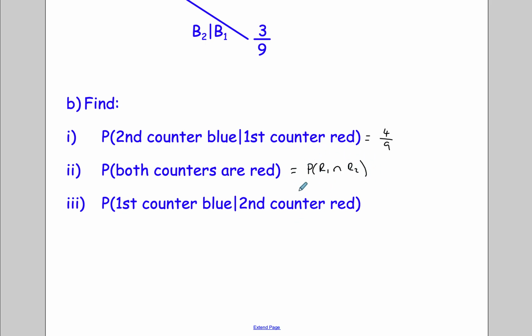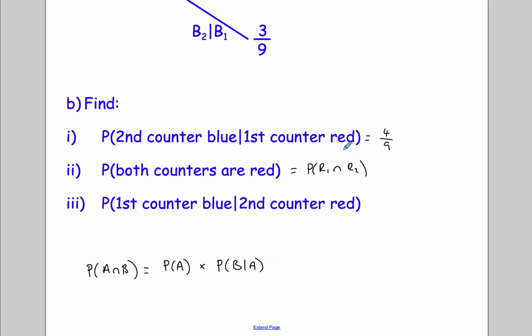The reason we want it to look like this is because then we can use the conditional probability formula, which says the probability of A intersect B is equal to the probability of A times by the probability of B given A.